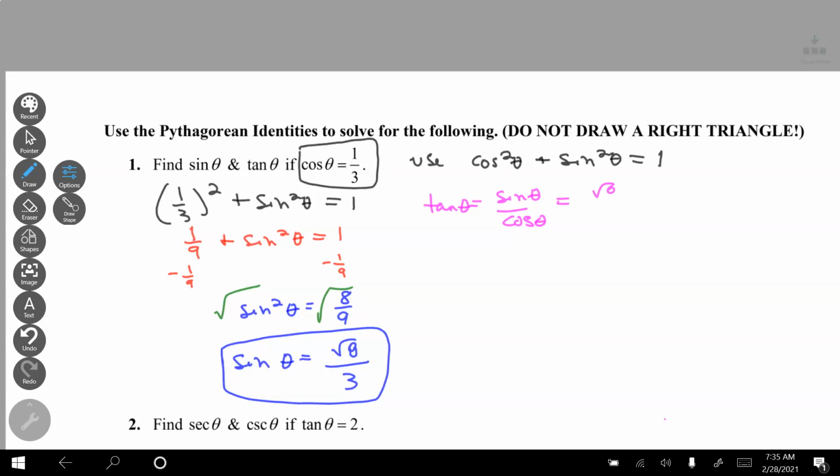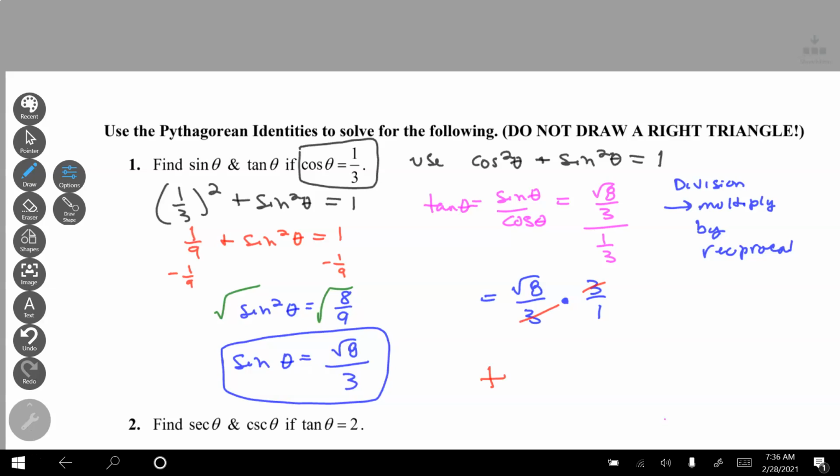So that would be radical 8 over 3 divided by 1/3. Now I learned a long time ago, instead of division, division really means to multiply by the reciprocal. So I could rewrite this as radical 8 over 3 times 3 over 1. These cancel. I get tangent of theta is equal to radical 8.